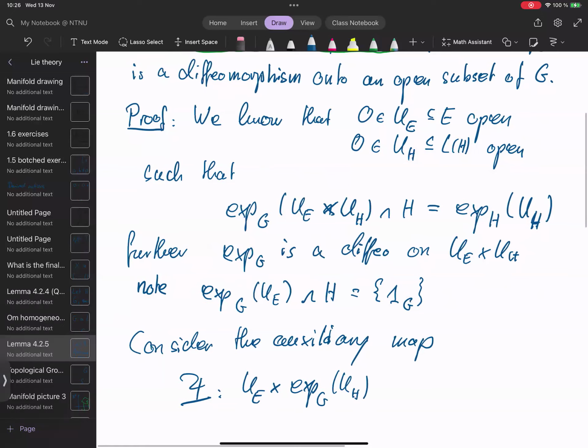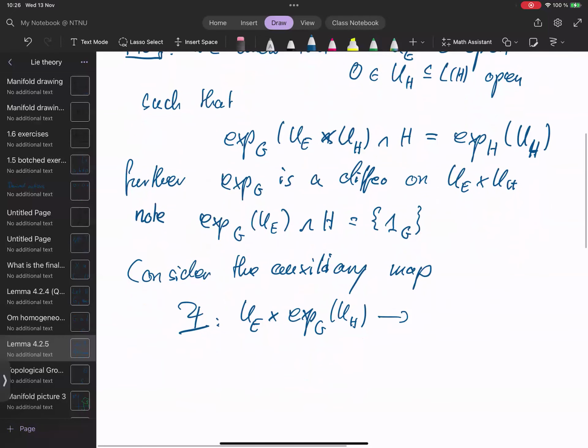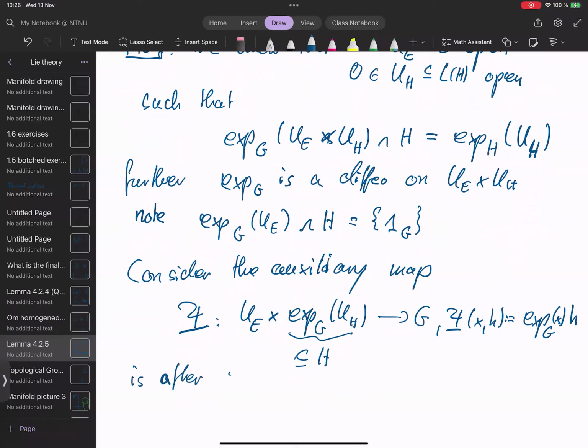I mean, instead of exp_G, I could have also written, so this is inside of H, gets exponentiated into H, and I want to view this as a map to G. What it does, it takes the element in the first component, exponentiates it, and multiplies it with the H. So this auxiliary map is, after shrinking UE and UH, a diffeomorphism onto an open set.